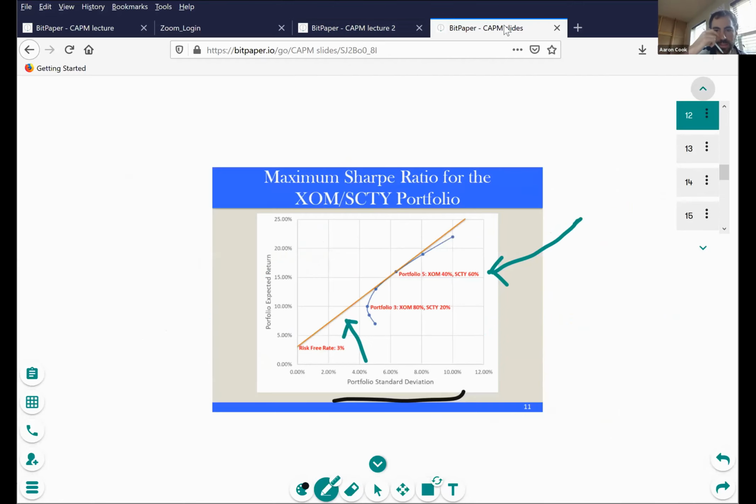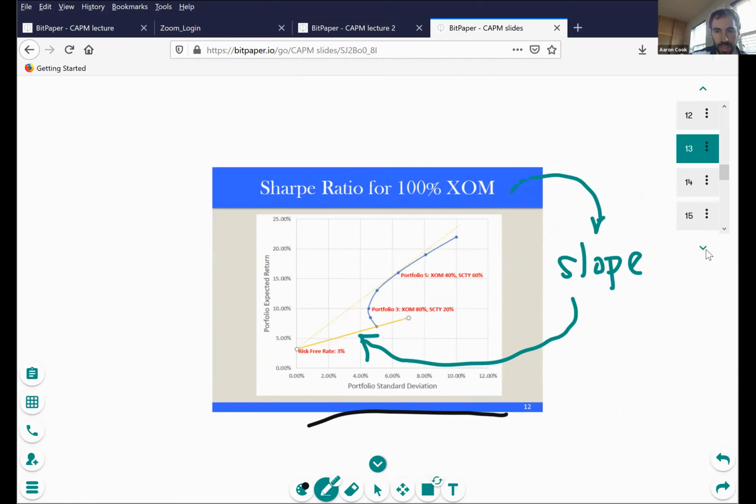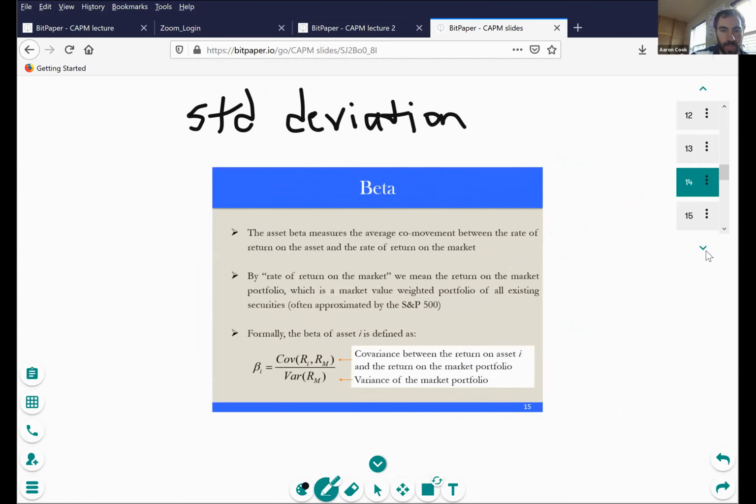What we're going to do next is, eventually, plot beta on the x-axis. Now, what beta represents is not the standard deviation of the portfolio or the standard deviation of the asset itself. It's a measure of the covariance of that asset relative to the variance of the overall market.